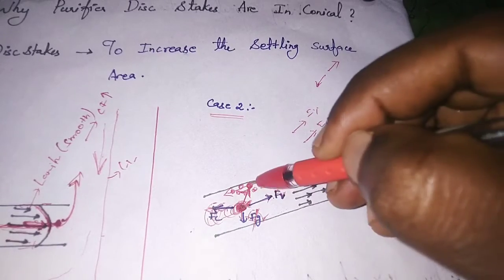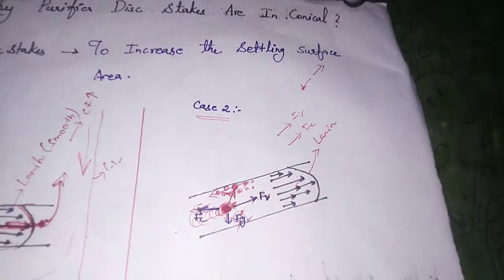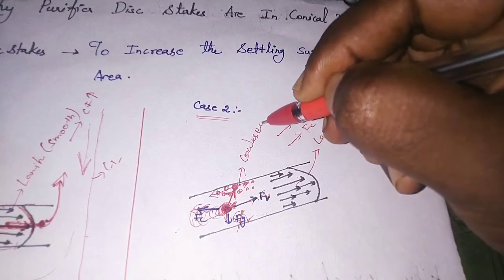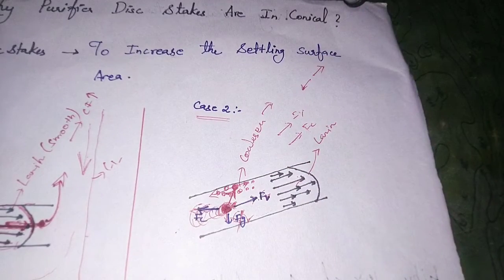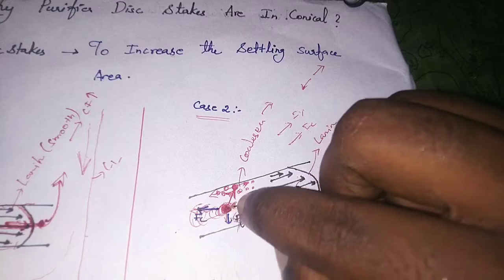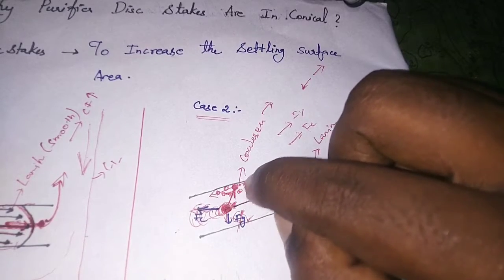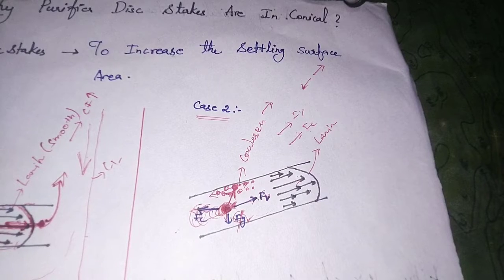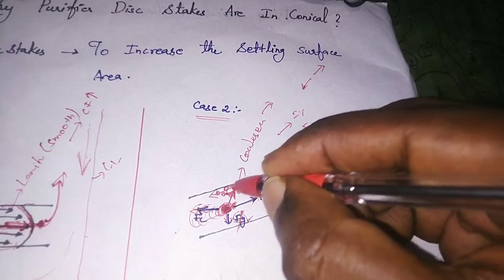So coalescing will happen. Coalescence means small particles gather and are converted into large particles. Smaller particles come to the underside of the conical plates, and all the small particles coalesce, meaning they attach and become large particles, and the centrifugal force on them is higher.